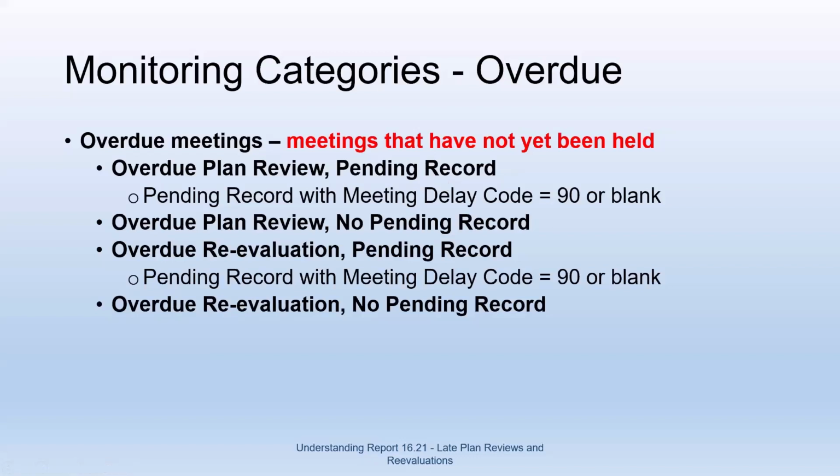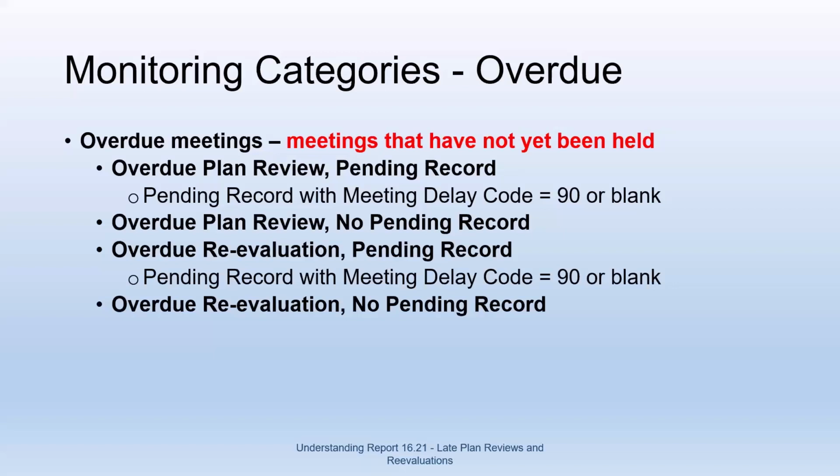What that means is their last annual plan review is late based on the meeting date, but there was a pending record submitted. Unfortunately, that pending record has a meeting delay code of 90, which is late without cause, or the meeting delay code is blank. That's why it shows up in that category.